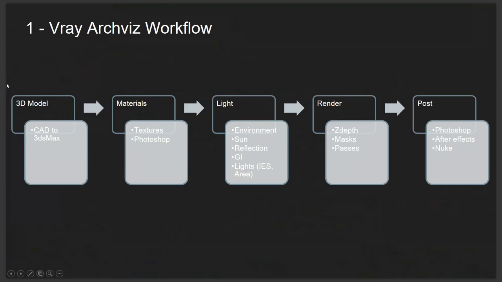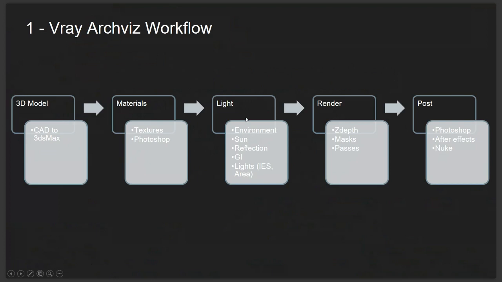Just quickly going over it again, this should all be familiar to us. The V-Ray ArcViz workflow starts with our 3D model, quite classic. We'll have something either coming from CAD or 2D information that we'll model into 3ds Max, and then we'll apply some materials and textures, and use Photoshop. Then we'll start adding our lights. That's where V-Ray really comes in, with the V-Ray dome light, for example, the environment color, the V-Ray sun, and then the GI and all our lights.